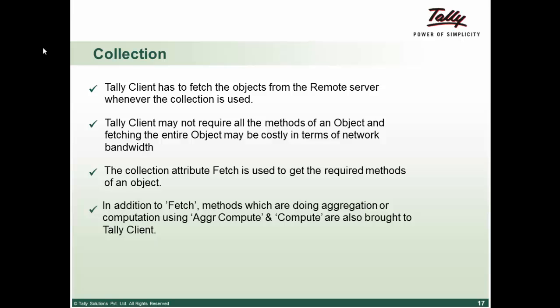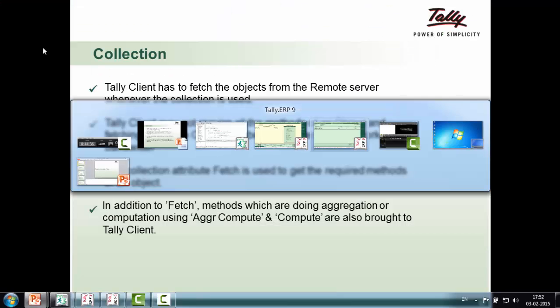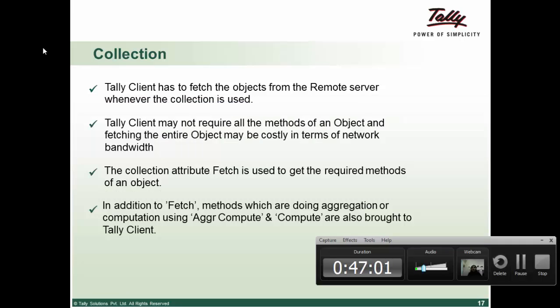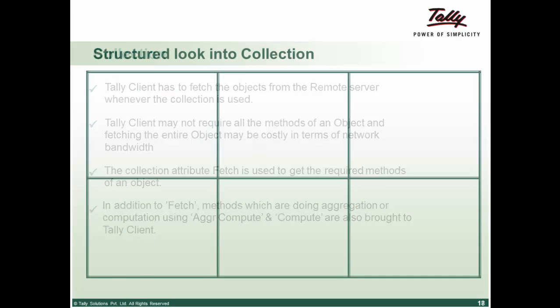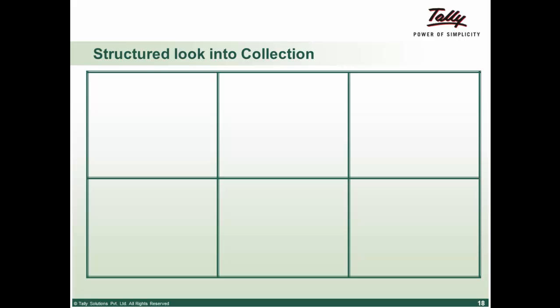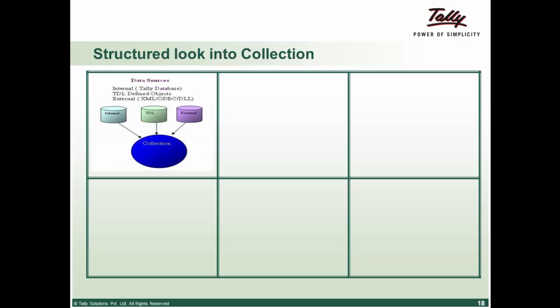So to fetch the required methods that we want of an object, we have an attribute called fetch at collection level. In addition to the fetch methods, for aggregation we also have aggregate compute and compute, so only those computed and aggregate computed methods will be called at my remote. When you look into the structure of a collection, there is a data source.